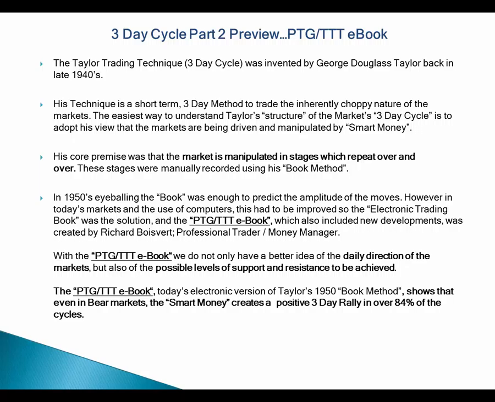The idea here is, everybody wants to know, how do you know what the levels are? Well, this spreadsheet does all the heavy lifting, all the calculation, all the mathematics that George Taylor did by hand, but now we're able to do it electronically. Now we get potential levels of support, resistance, the extremes.